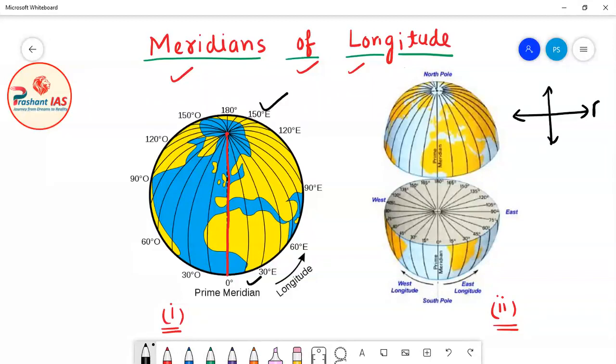This will be called the east direction, this is the west direction, this is the north direction, and this is the south direction. I think you all can remember that I taught you this in the earlier classes, how to identify the directions. So this is the north direction, this is our south direction, this is our east direction, and this is our west direction.